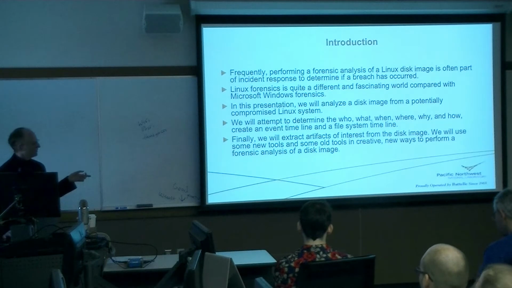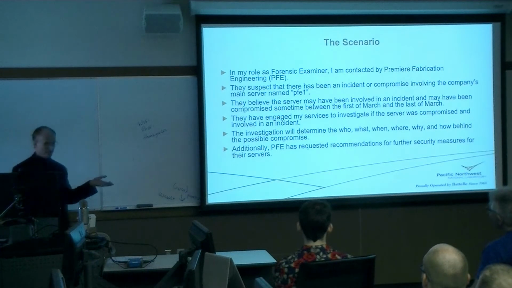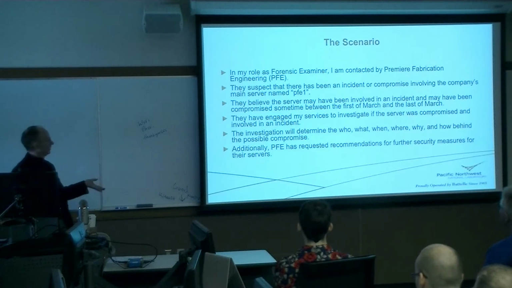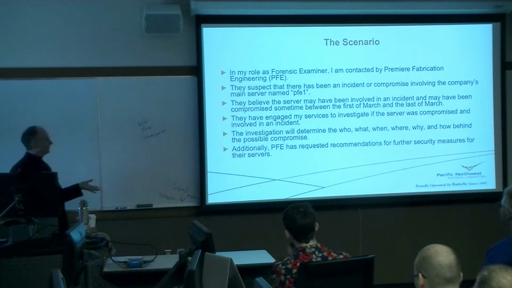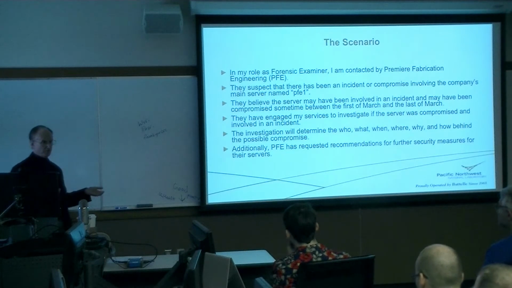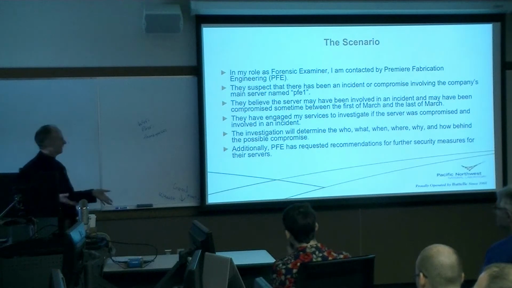Okay, so we have a scenario base for this. The scenario is that I'm a forensic examiner, and this company called Premier Fabrication Engineering, PFE, they think that one of their servers, their primary servers, PFE1, may have gone through some kind of a compromise, been involved in an incident.